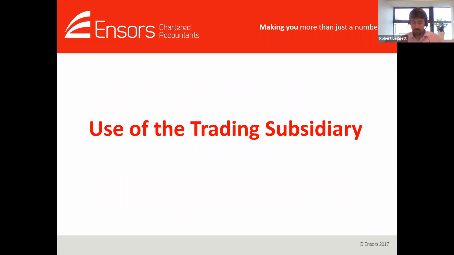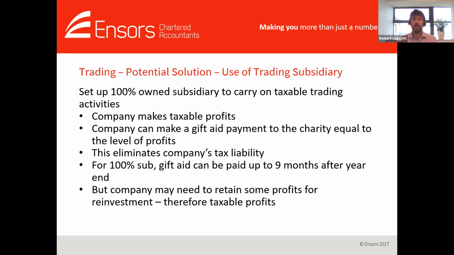Now, I talked a little about the use of the trading subsidiary, and this is very important as well, because what you will find very often is that a charity which will have taxable trading income will think about using a trading subsidiary to put that activity through instead. So this would normally be a company limited by shares, owned 100% by the charity.